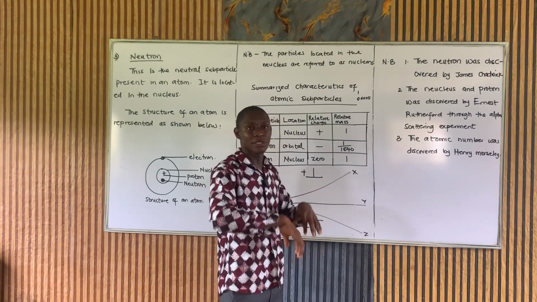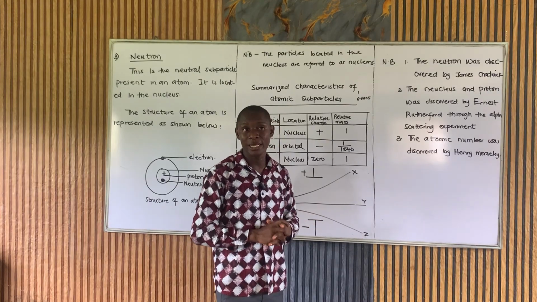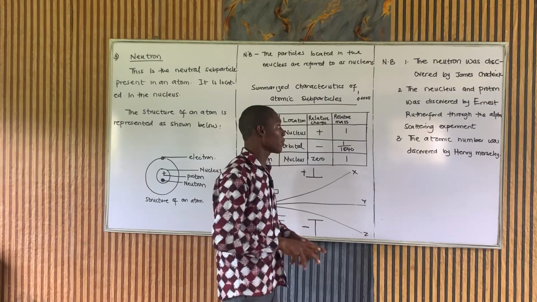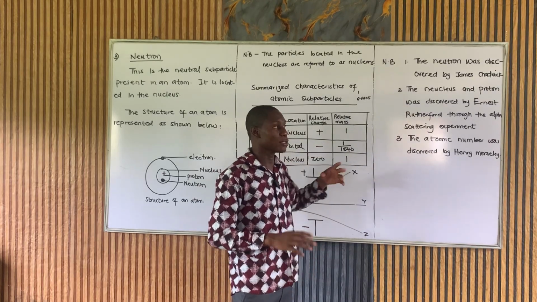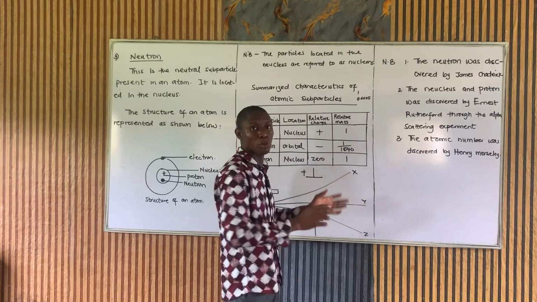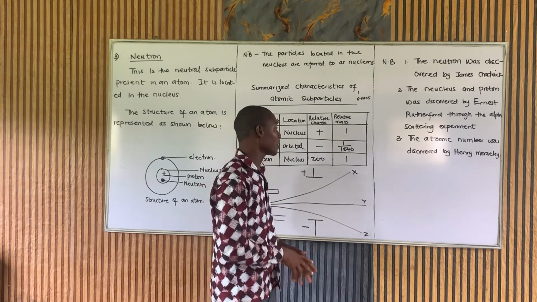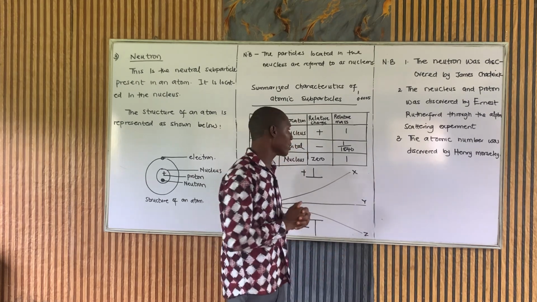And then electrons revolve around the nucleus, just like the planets revolve around the sun. So his atomic theory looks like that of the solar system. We'll come to all of this when we talk about the atomic theory, but I'm just giving this first-hand information. Again, the atomic number was discovered by Henry Moseley.